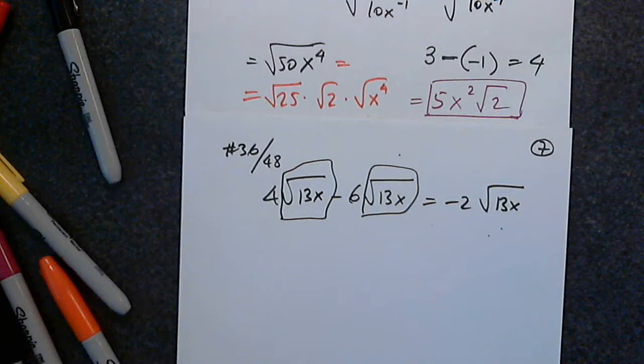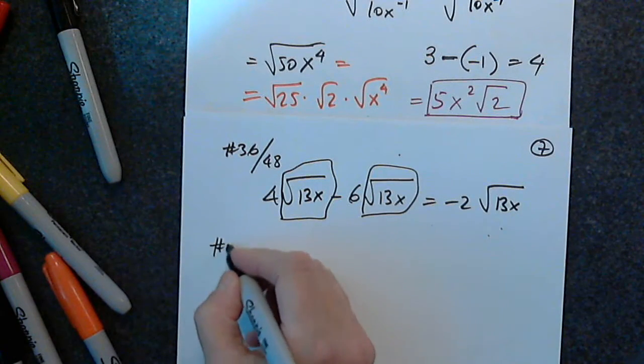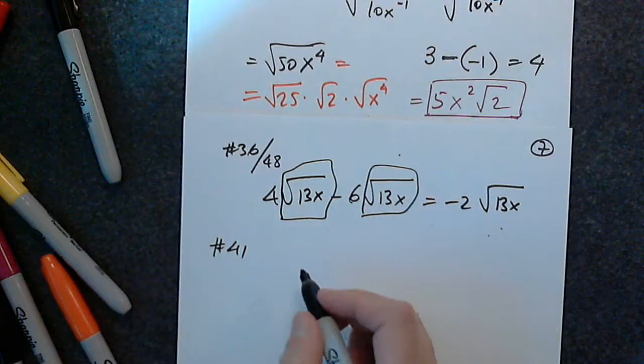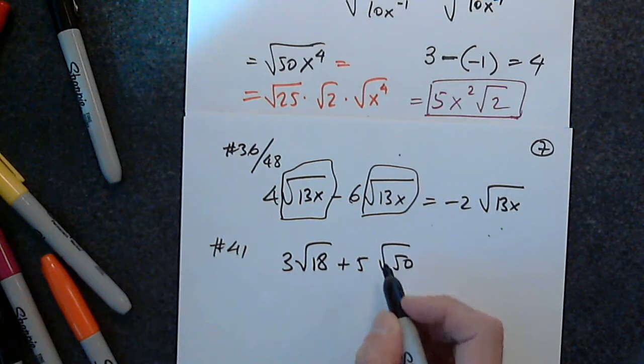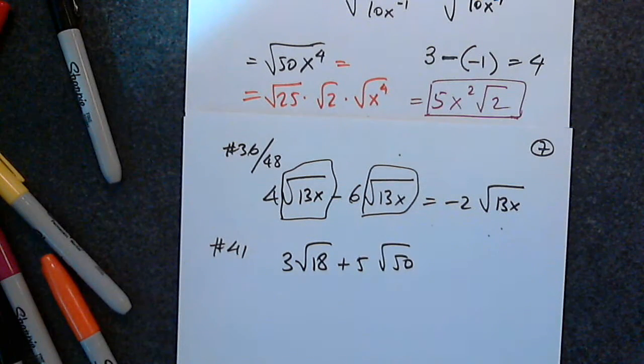But what happens if we need to simplify before we add or subtract? Like, for example, 41. In 41, we have 3 the square root of 18 plus 5 the square root of 50. And we're asked to simplify, subtract, etc. Well, one thing is clear, you can't just add them.